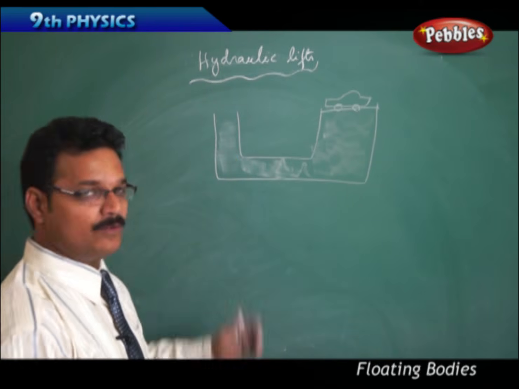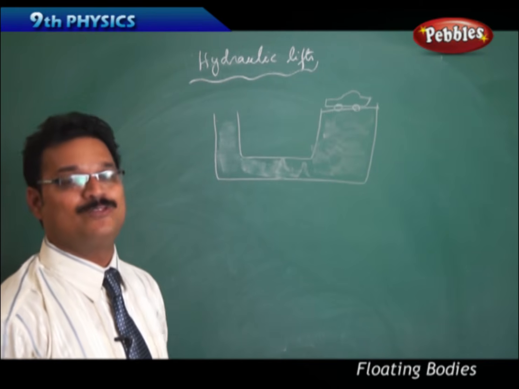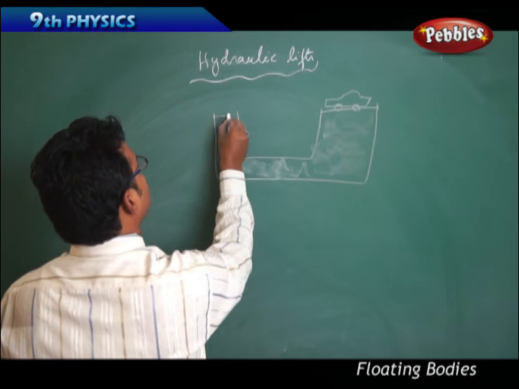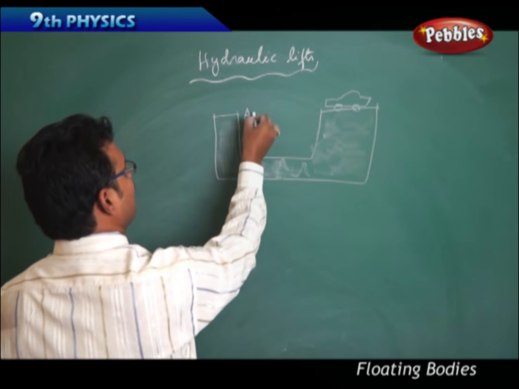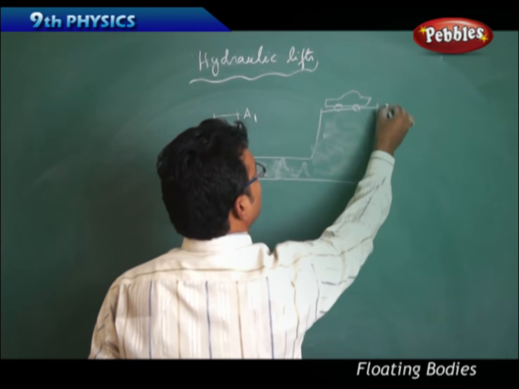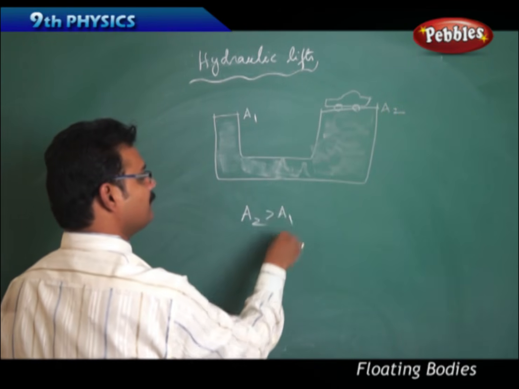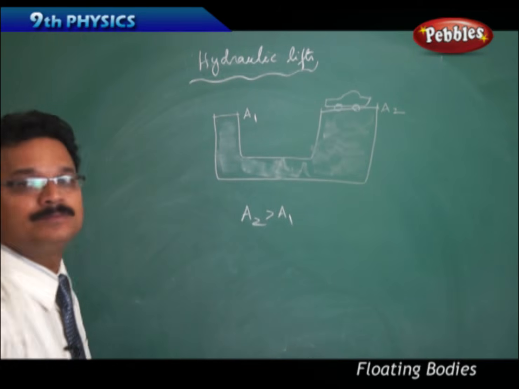You can fill it with liquid or you can fill it with air also, no problem. Say you fill it with liquid. Here this platform has area A1, and this platform has area A2. By the diagram you can understand that A2 is greater than A1. This area is more than this one.